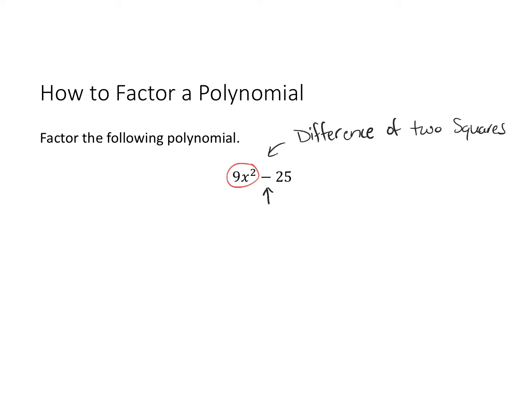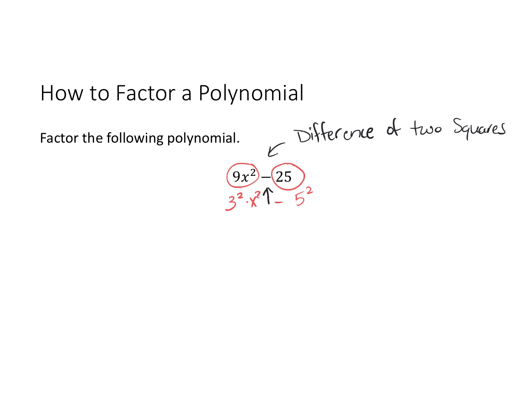If we take the square root of 9, that's 3 squared, and x squared is a squared number. And then the second term, 25, we can take the square root of 25. That's 5 squared. So notice you have the difference of two different squared numbers, 3 squared and 5 squared.